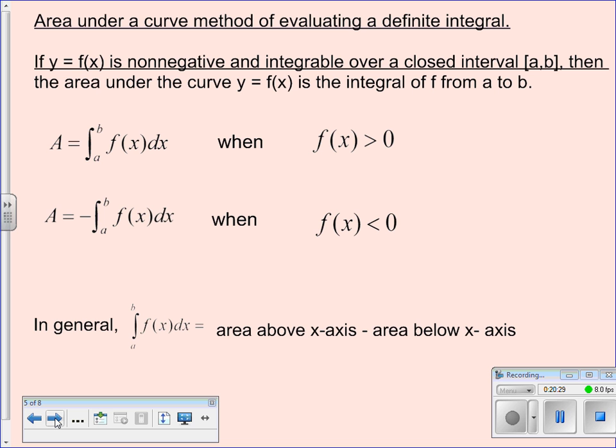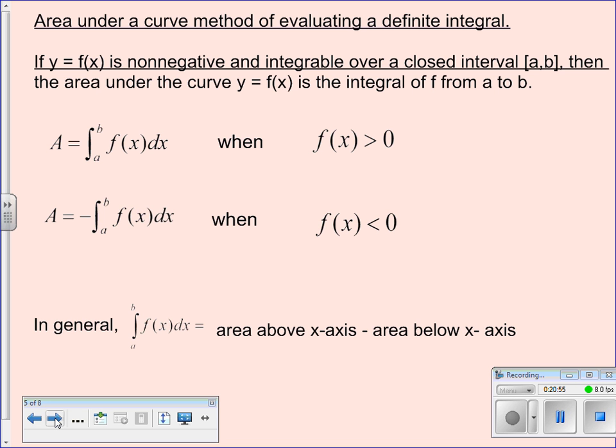Considered negative area. It won't always be that way, and you'll see later on, but we don't get to that until chapter 8. But for using area to define an integral, we use above as positive and below as negative. That's how you can get a negative value, because we did negative 20. Negative 20 is way below the x-axis.